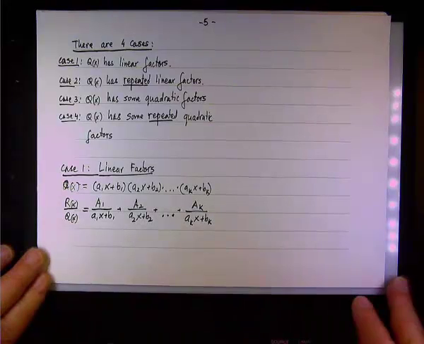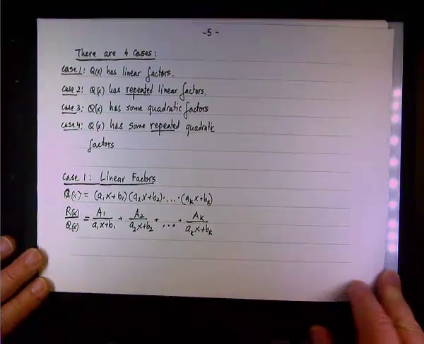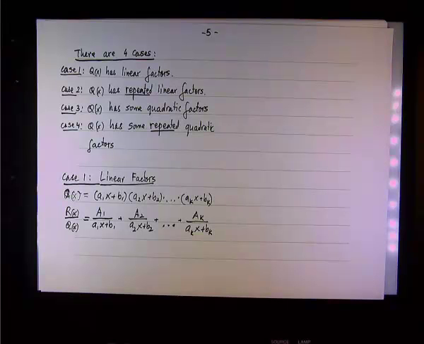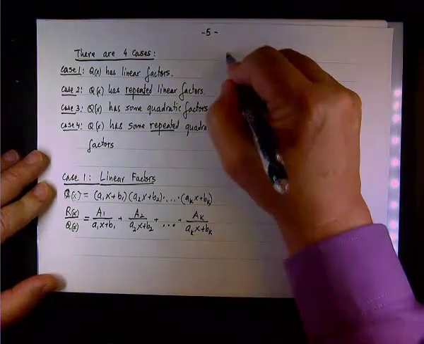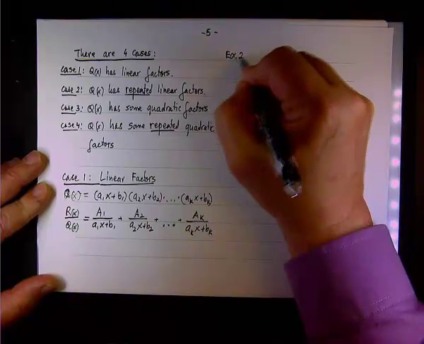All right? So this is what we mean by sum of partial fractions. So we need to break down the rational function into a sum of partial fractions.